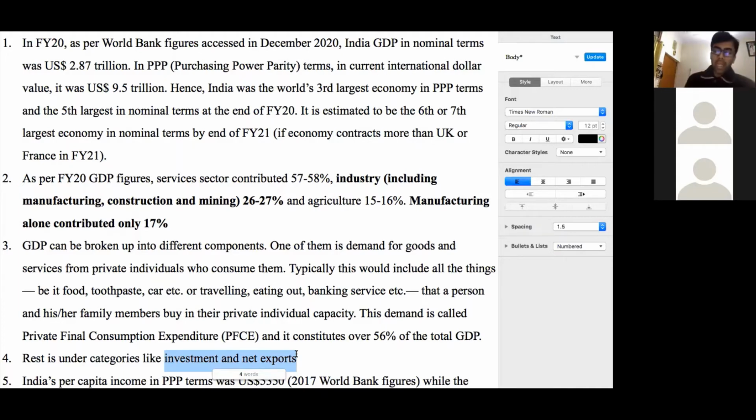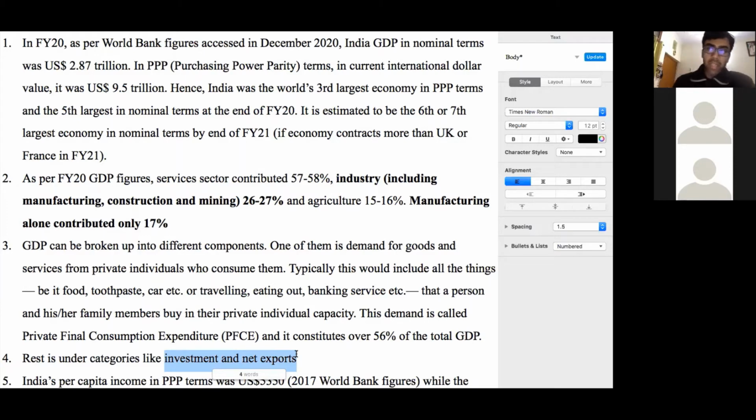Now, in India, even today, investment is fairly low as a percentage of GDP. India's investment still remains less than 30% of the GDP, whereas for an economy like China, which is based heavily on manufacturing, it is much higher, around 35 to 40%.